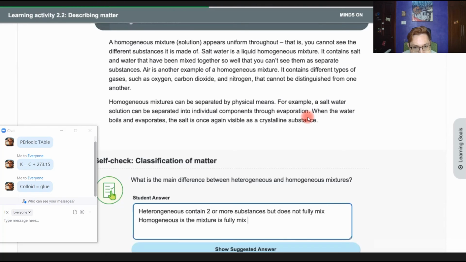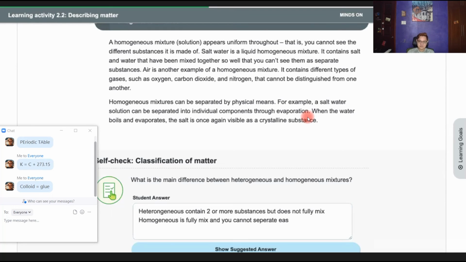Homogeneous mixture: it's fully mixed and cannot be separated easily.